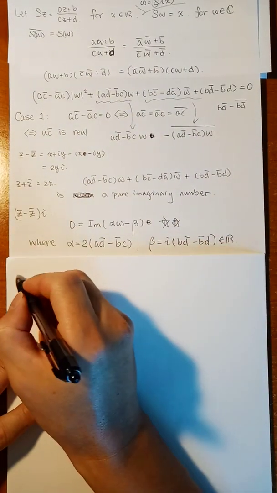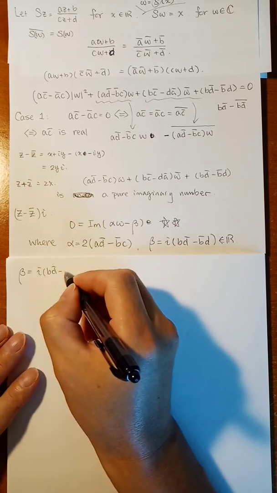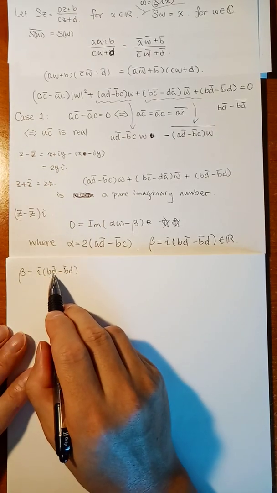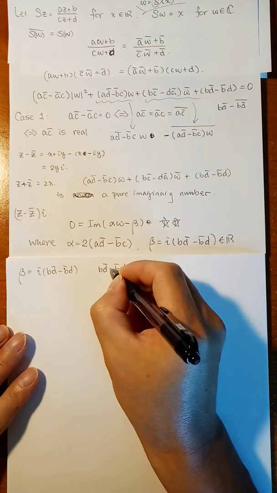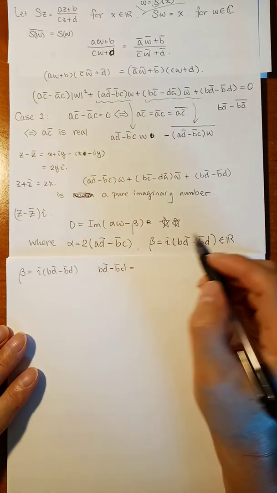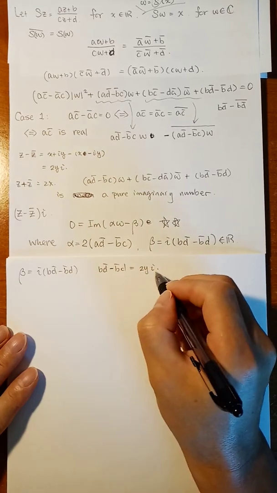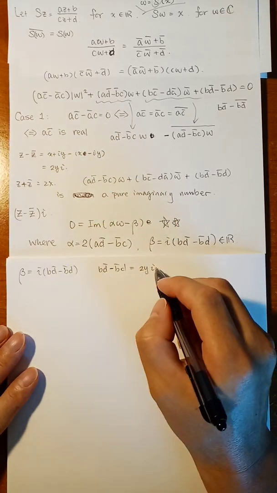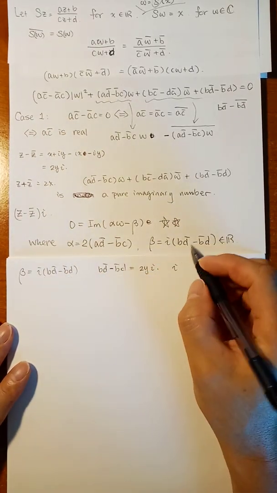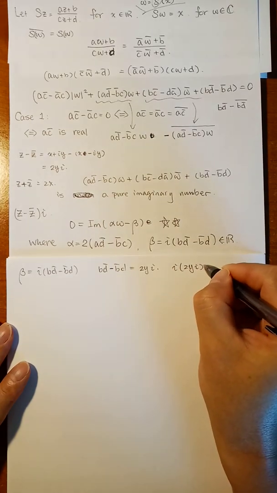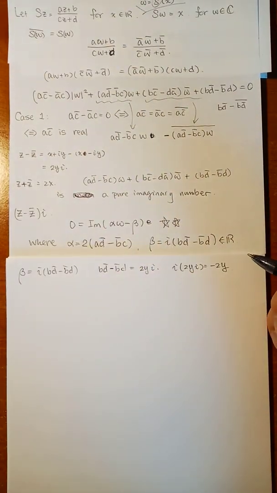The reason is that this beta is I times BD bar minus B bar D, and BD bar minus B bar D is a pure imaginary number, like 2yi, and then you multiply it by I, you will get a negative sign. That is the reason there is a negative sign there.